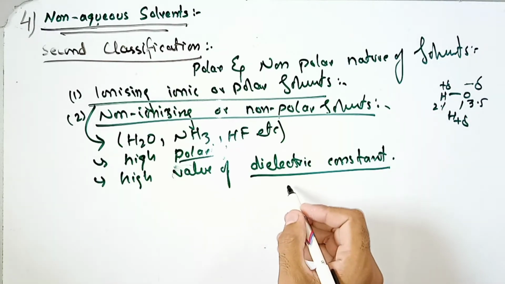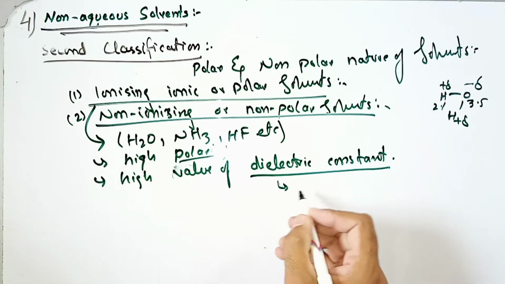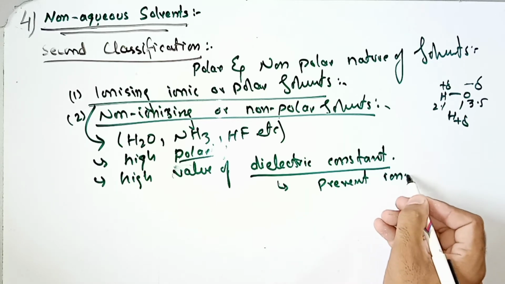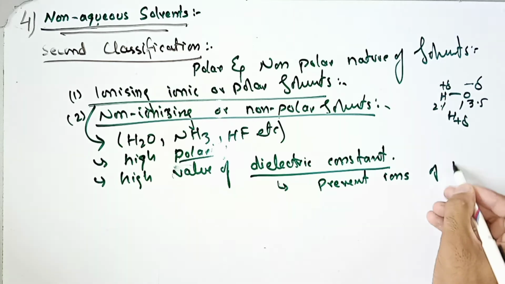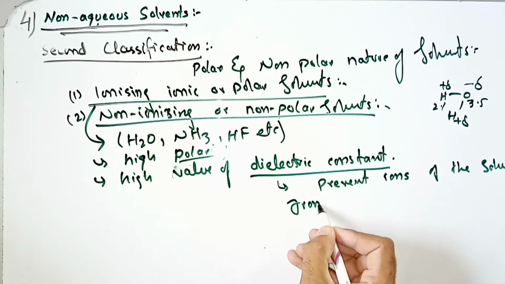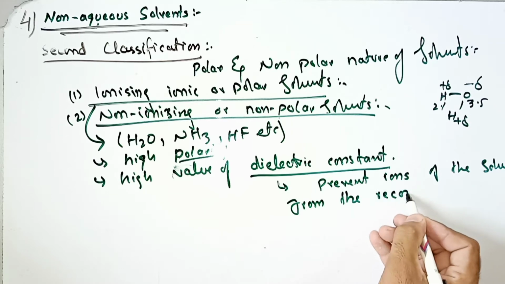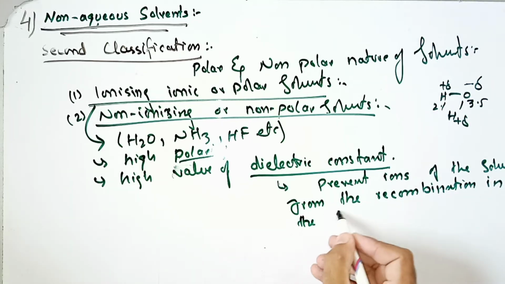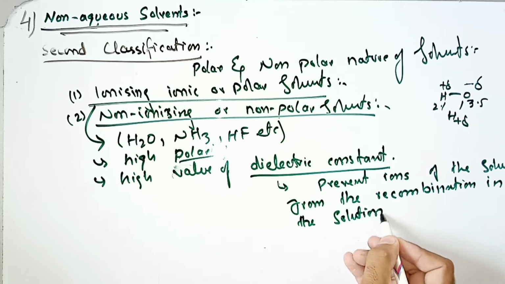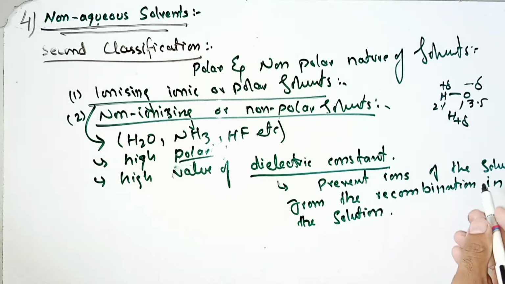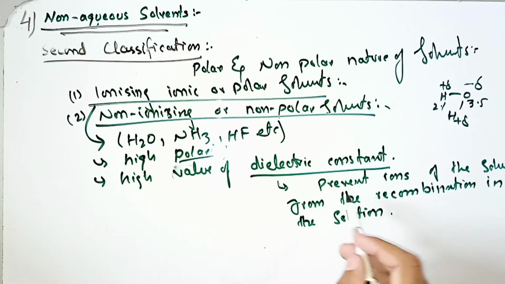You can define the dielectric constant of any compound: it is the ability of the solvent to prevent the ions of the solute from recombination in the solution.